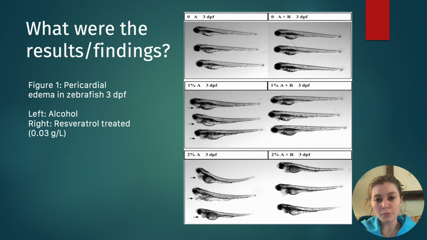They did show signs of partial relief of the pericardial edema compared to the untreated 1% alcohol-exposed group, but the 2% alcohol-exposed group treated with resveratrol did not have any notable signs of morphological improvements. And from that, the article concluded that the 2% group had too severe of heart defects for resveratrol to be a viable and reliable recovery therapy.